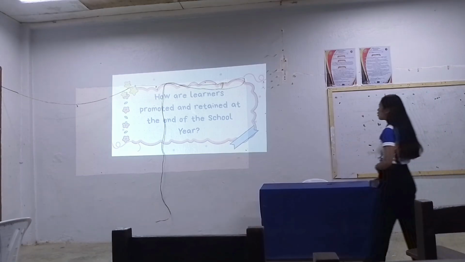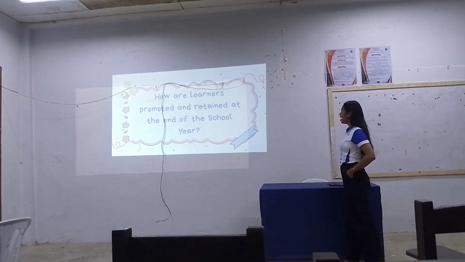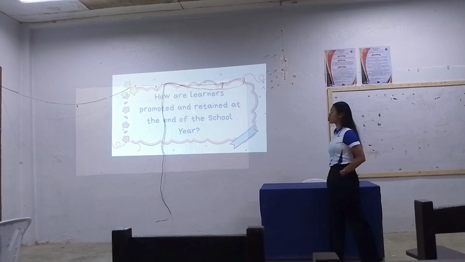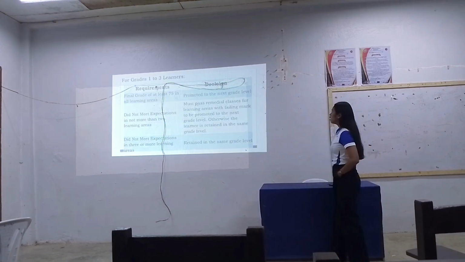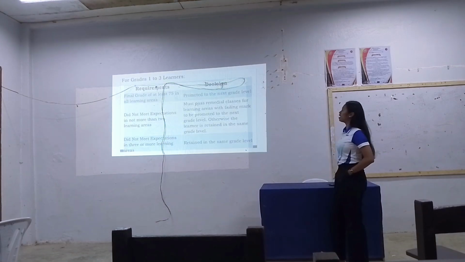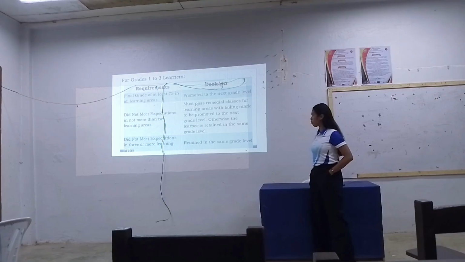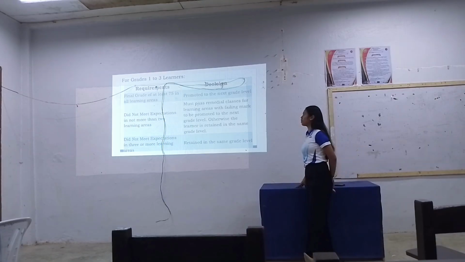Okay, so how are learners promoted and retained at the end of the school year? For grade 1, 2, 3 learners, requirement: final grade of at least 75 in all learning areas. Decision: promoted to the next grade level.